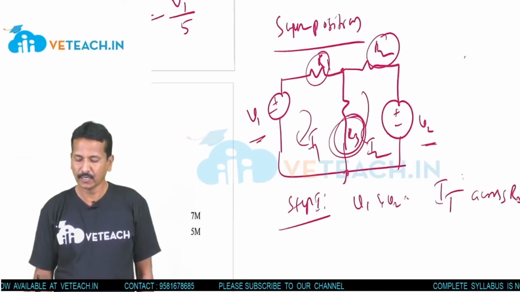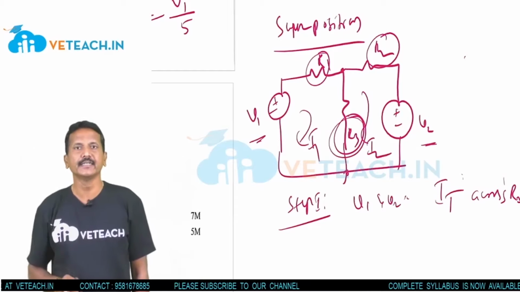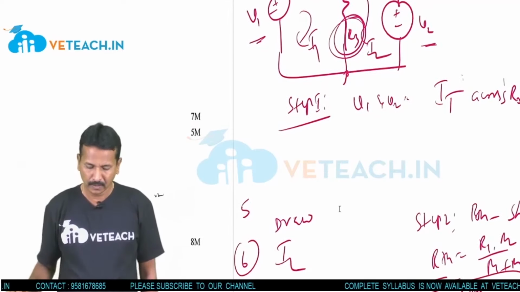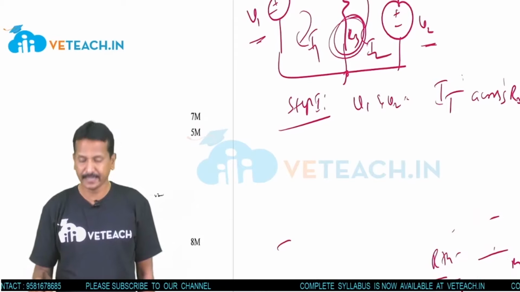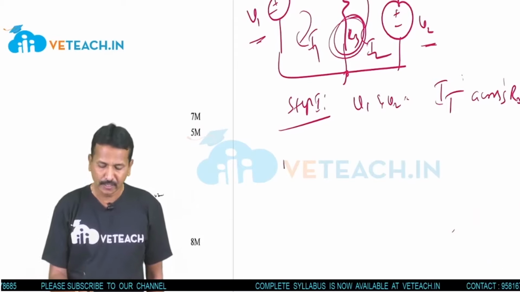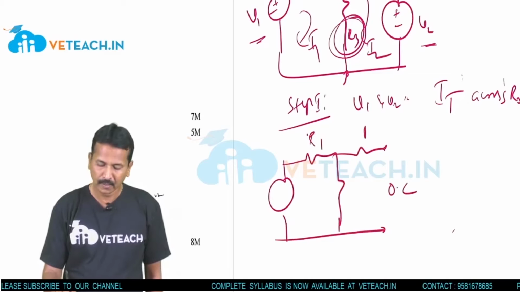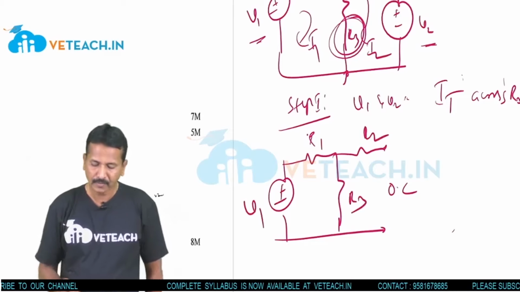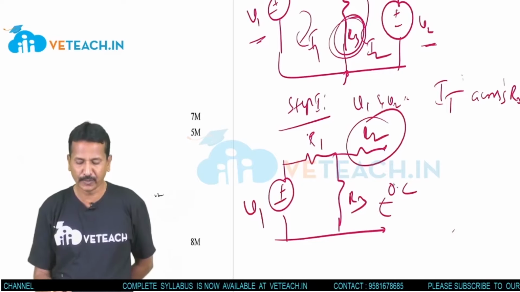Across R3 resistance. What the superposition theorem is saying is: replace one source and find a current. Okay, students, suppose we open circuit one source, there is no effect of that source.